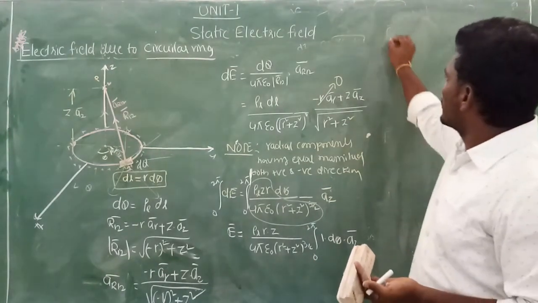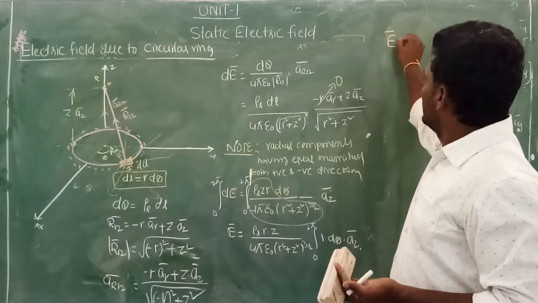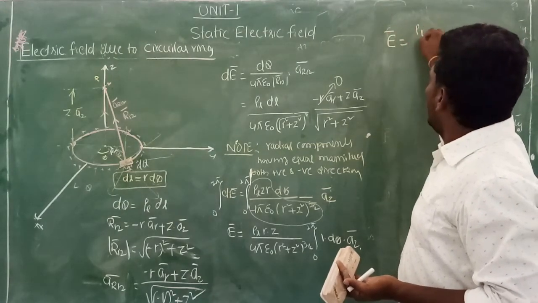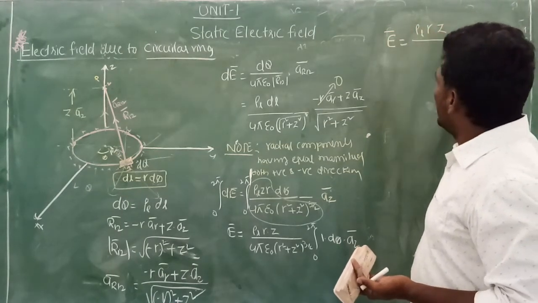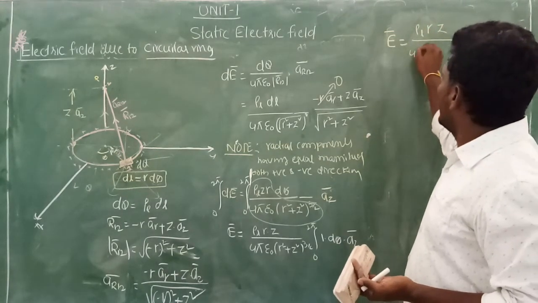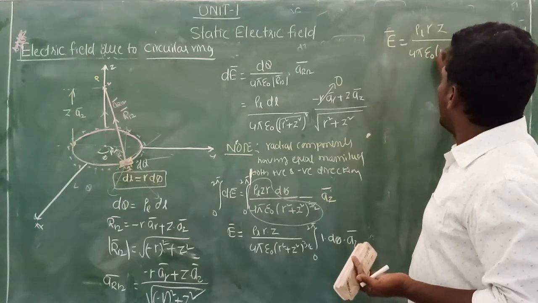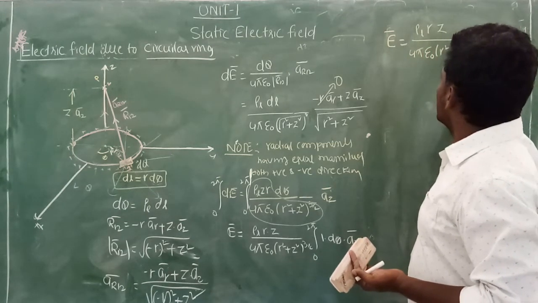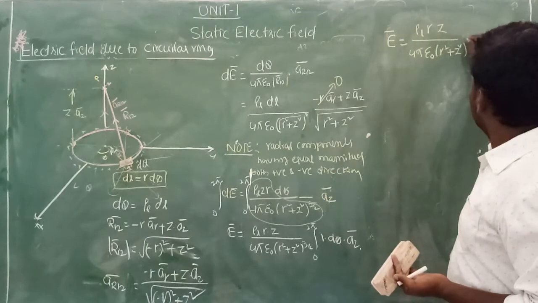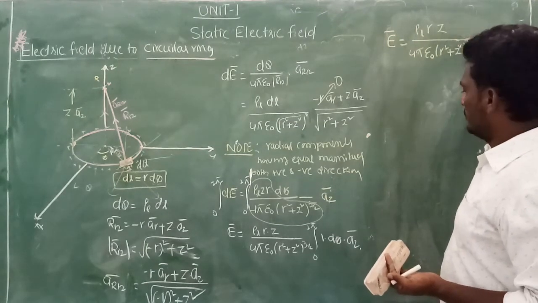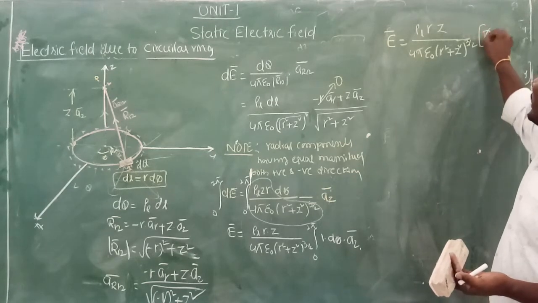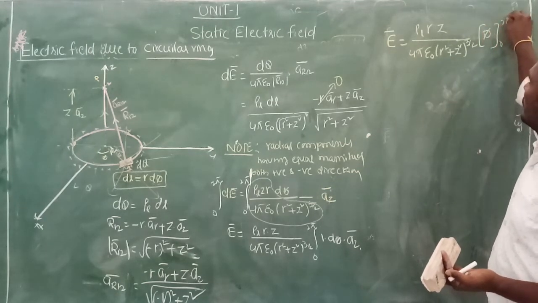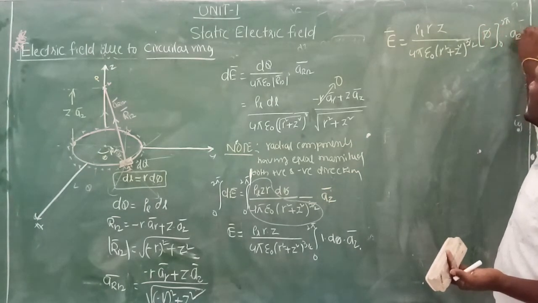E bar is equal to rho L r z by 4 pi epsilon naught, r square plus z square whole power 3 by 2. The integration of 1 with respect to phi is phi from 0 to 2 pi, into az bar.